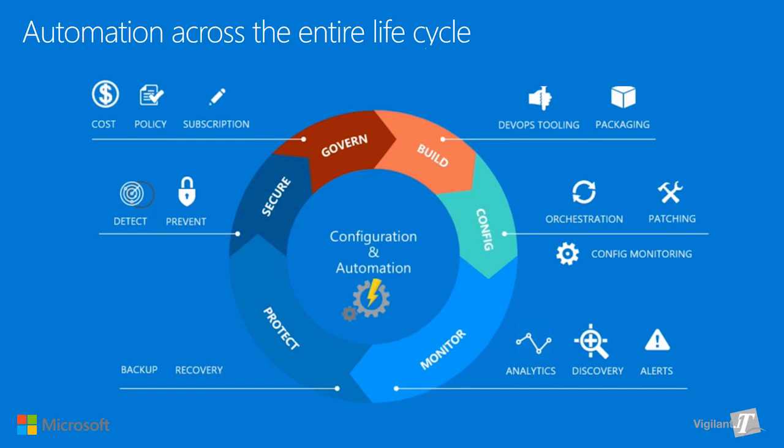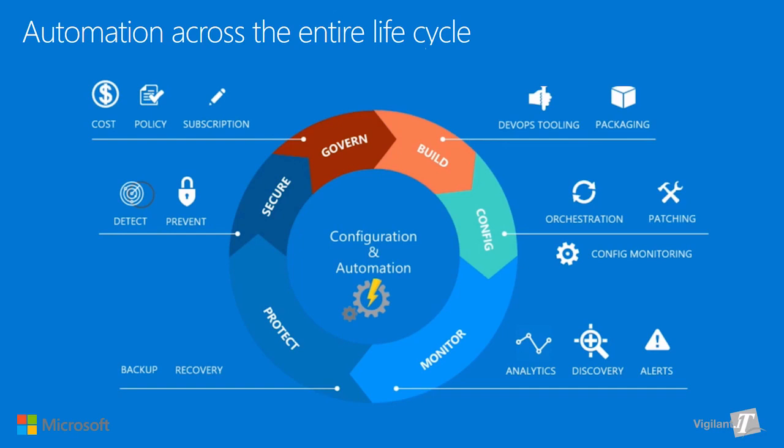Automation also helps you during the monitoring and protecting phase by, for example, auto-remediating problems or ensuring a workload is automatically added to your backups. And finally, it even plays a role during the securing and governance by automating the installation of security updates missing on a server, for example.